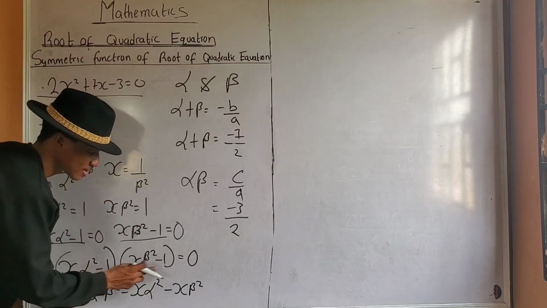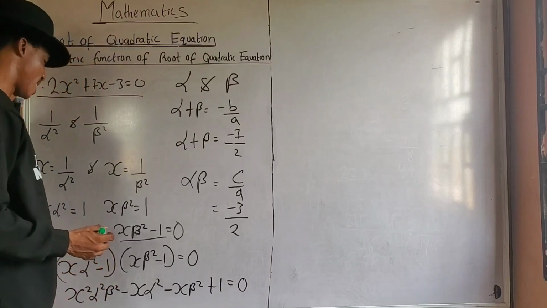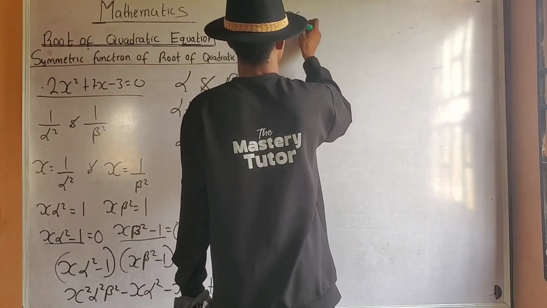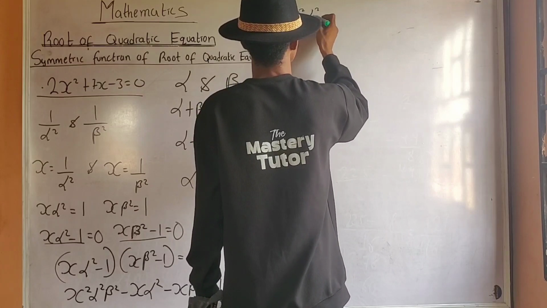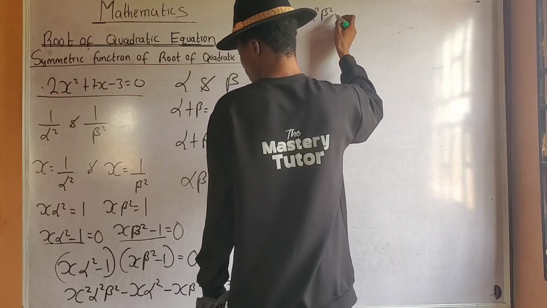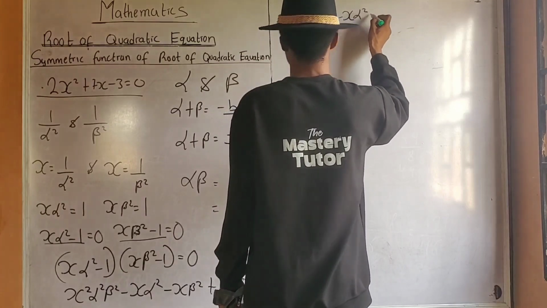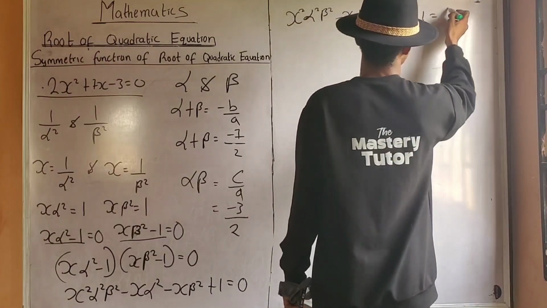Okay, -1 times -1, that is plus 1. This will be equal to 0. Now let us simplify further. I have x squared alpha squared beta squared, now minus x alpha squared minus x beta squared plus 1 equals 0.